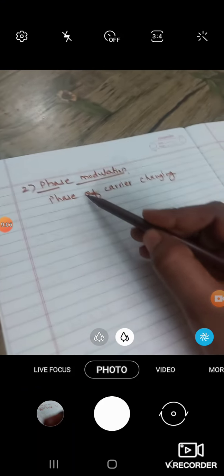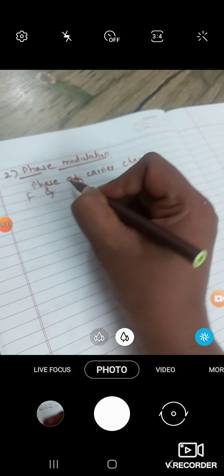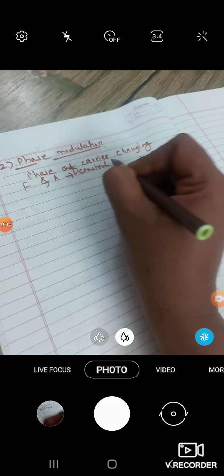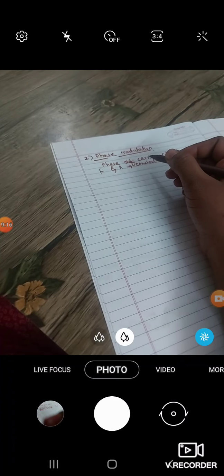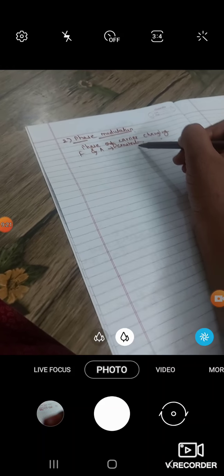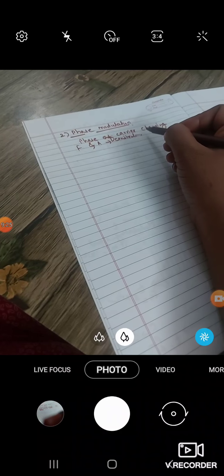I am writing here, phase of the carrier is changing, whereas frequency and amplitude remain constant. Resultant जो आपला फेज मॉड्युलेटेड सिग्नल आहे त्याची ॲम्प्लिट्यूड आणि फ्रिक्वेन्सी काय राहते, कॉन्स्टंट राहते, and there is only change in the phase of the carrier signal.